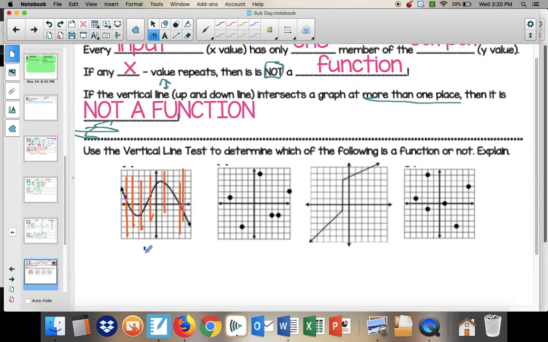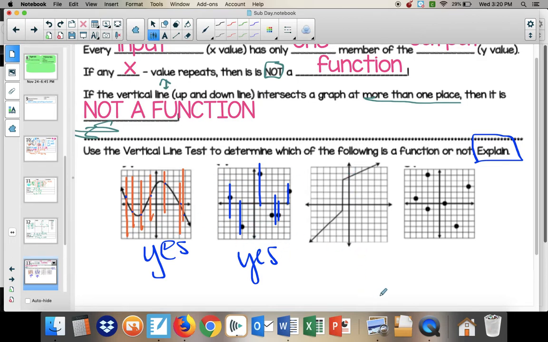Because that's the case, then this is a function. So I'm going to look at this next one. Only once. Once. Once. So again, yes is a function. And your explanation could be crosses at only one time.